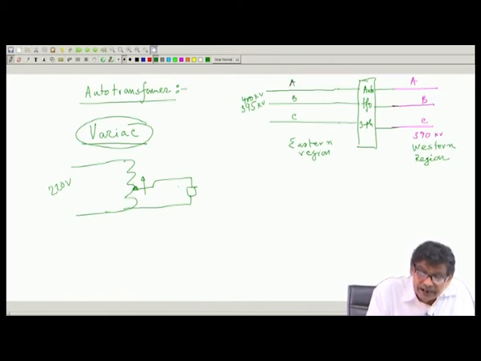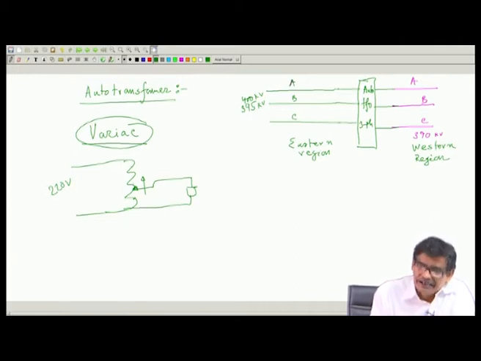But while making this variac, do you think the cross sectional area of this portion is less than the cross sectional area of this portion? No, because you do not know where it will be operating. So, this must be understood.